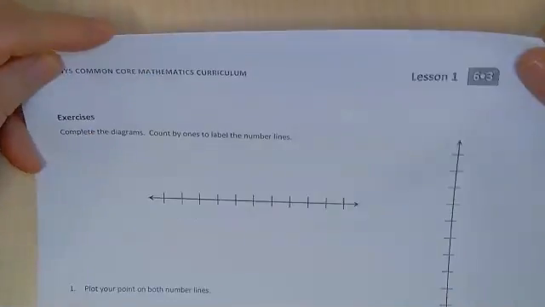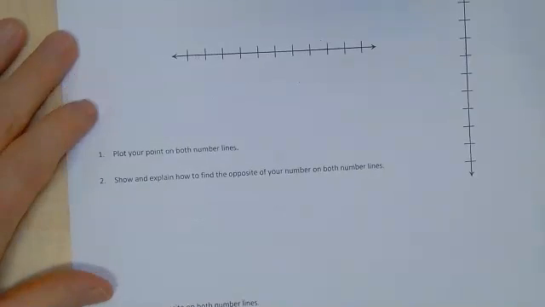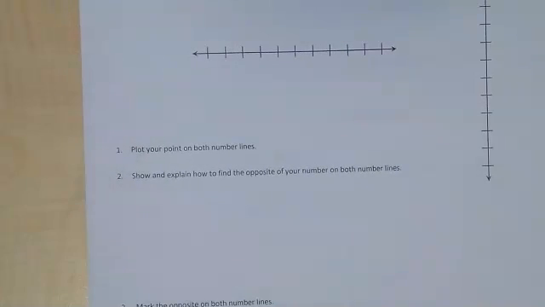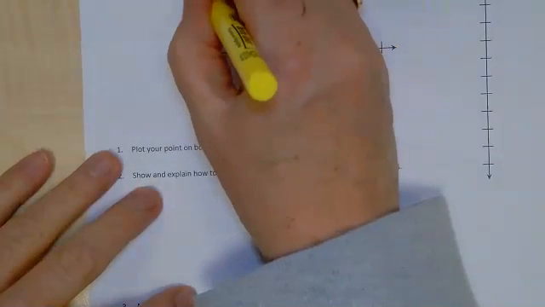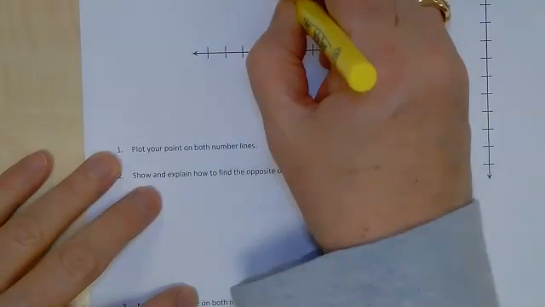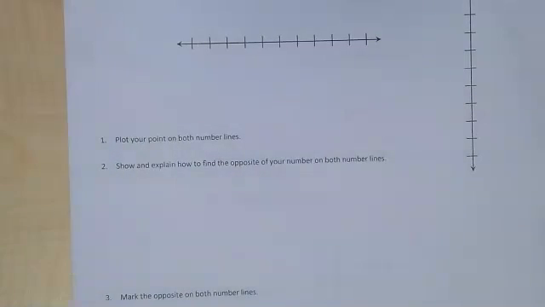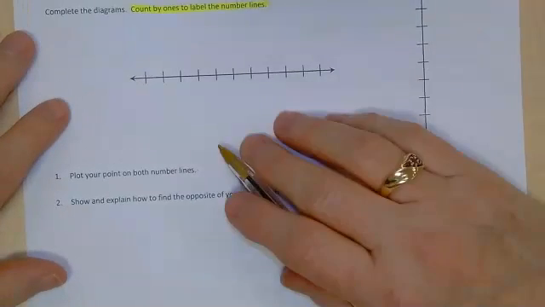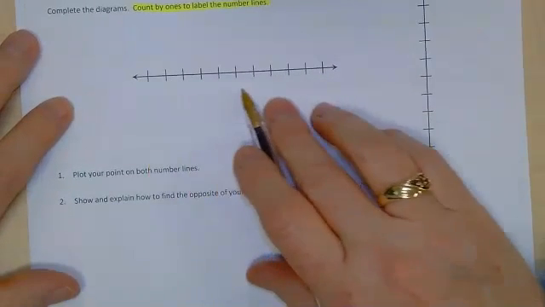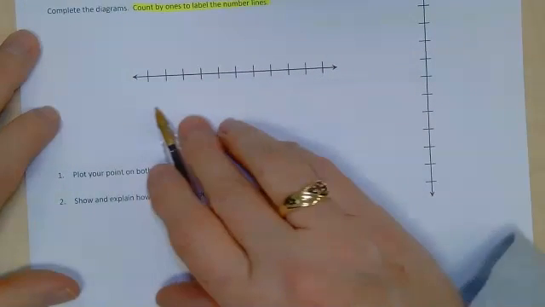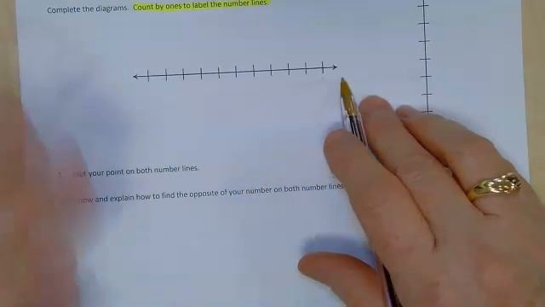Let's take a look at this page right here. So on page 2, it says complete the diagram and count by ones. So if I were to say to you, I know that 0 needs to go in the middle here. How do you think you would figure out which one of those tick marks is the middle one?